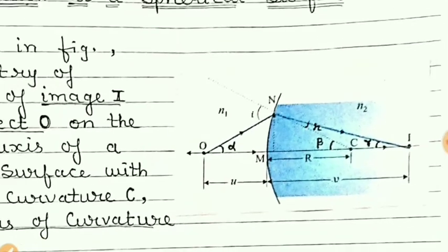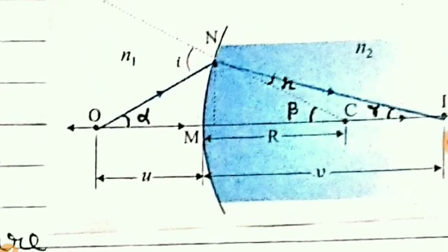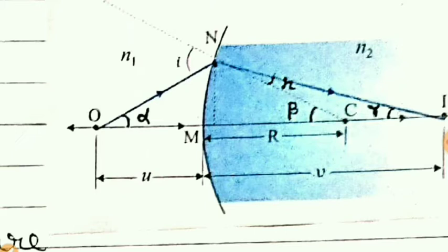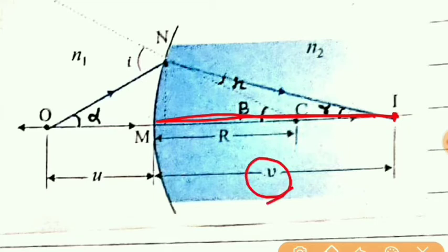Students, remember here this distance MO is nothing but the object distance. The distance from C to M is nothing but the radius of curvature, and the distance from I to M is nothing but the image distance.